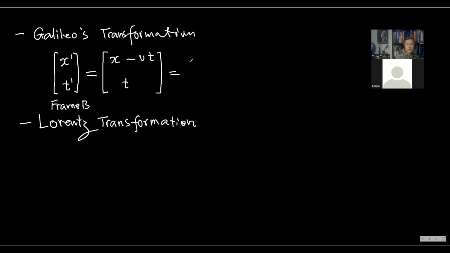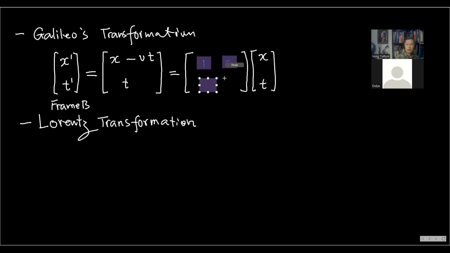Now, if you want to write that, can you work out these 4 elements? If you have studied the 2x2 matrix, can you work out these 4 elements here for me? Can you find these 4 elements to satisfy this equation? Oh, good. Very good. The other 2?